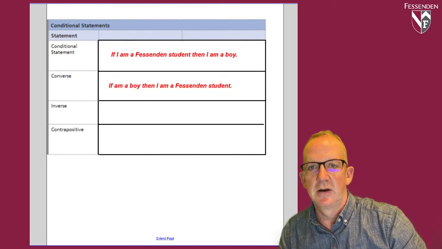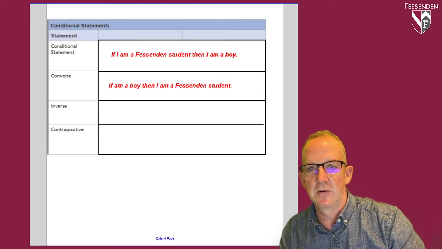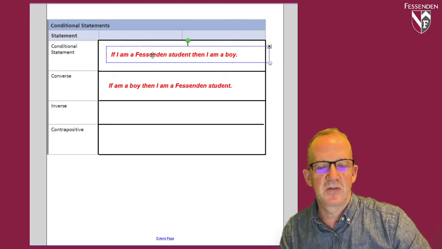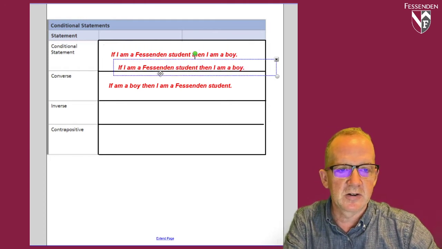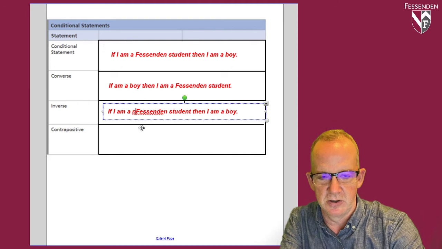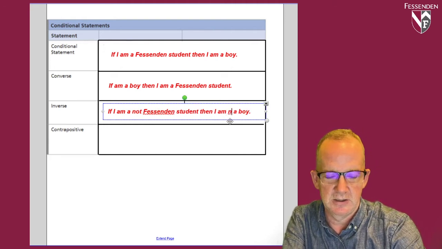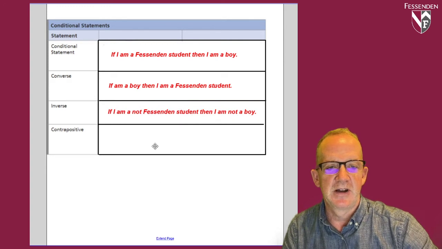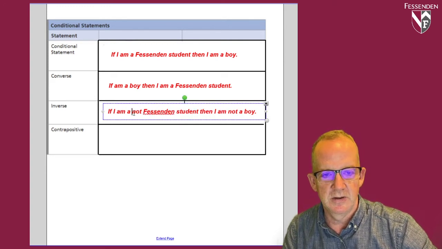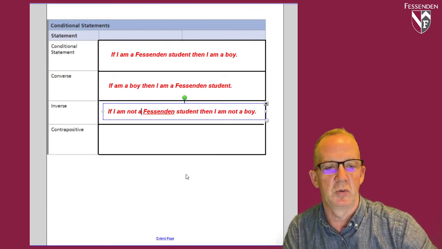All right? And then we're going to go to what the inverse is. The inverse is you're going to take the first statement here. You're not going to switch the order, but what you're going to do is you're going to negate it. You're going to put not here and then not here. If I am not a Pheasant student, then I am not a boy.